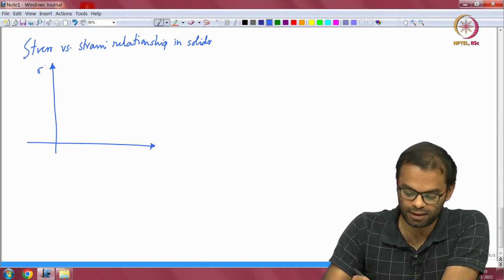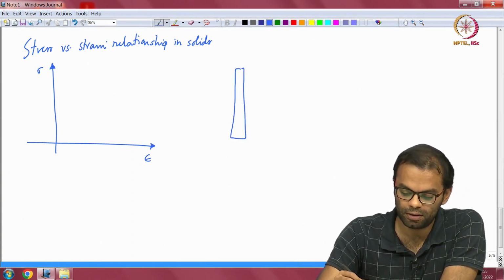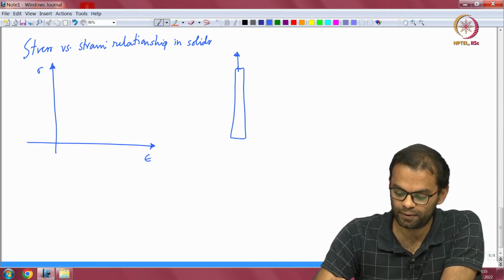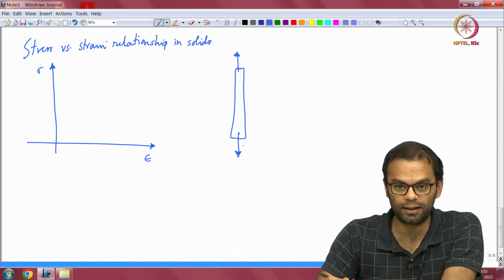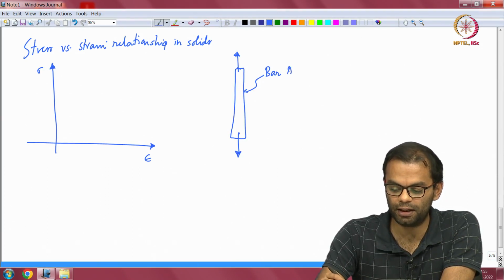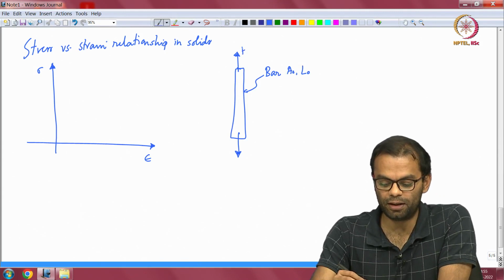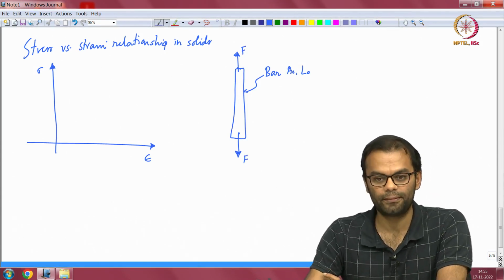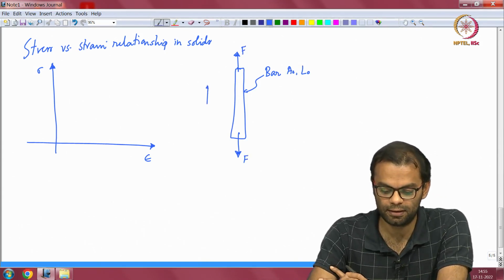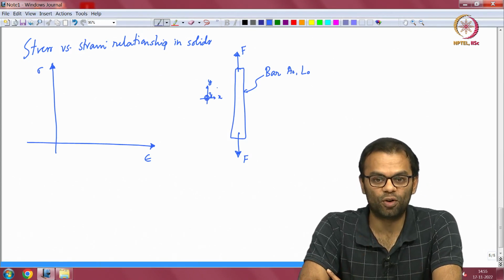Okay, so this is your stress, this is your strain. Let us say I have a bar that looks like this and I am pulling this bar in tension, right. So this is a bar, it has an initial cross section area A naught and initial length L naught, and then I am applying a load here. Let us say this is the y axis, this is the x axis, and the z axis is out of the board, out of the screen.